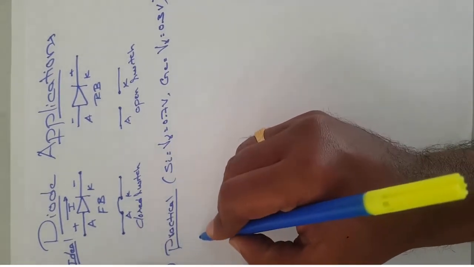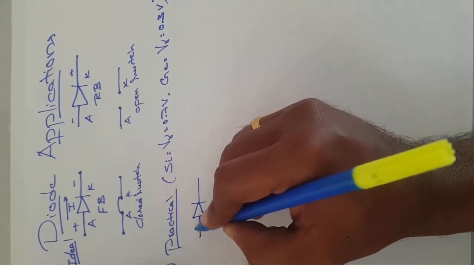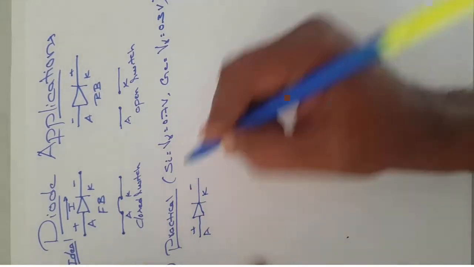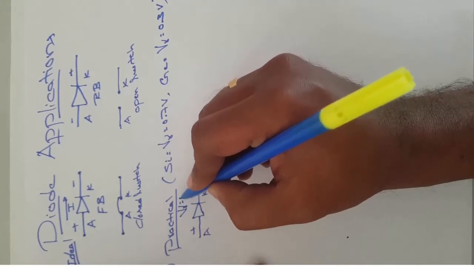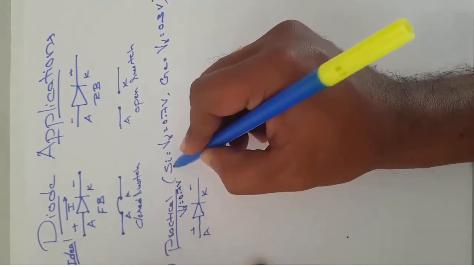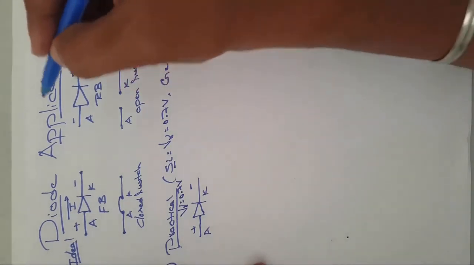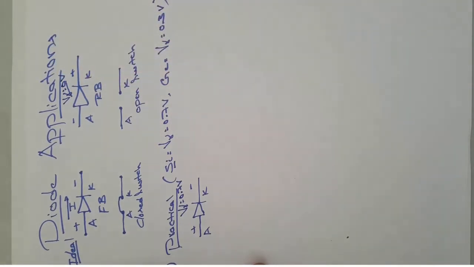So let me consider this is a practical diode. Again I will write this is the anode and cathode. Now the anode is positive, the cathode is negative, and remember it is a practical diode, therefore the cut-in voltage is 0.7 volts if I consider it made of silicon. Whereas in the case of an ideal diode, the cut-in voltage is considered 0 volts.